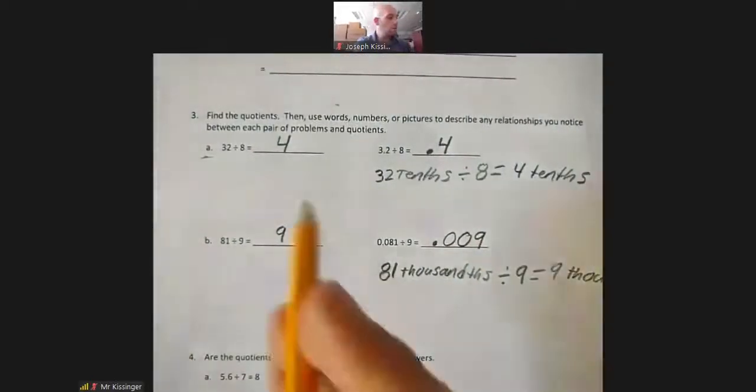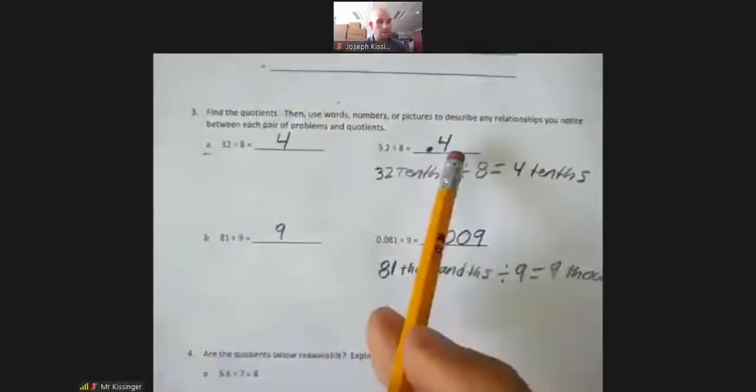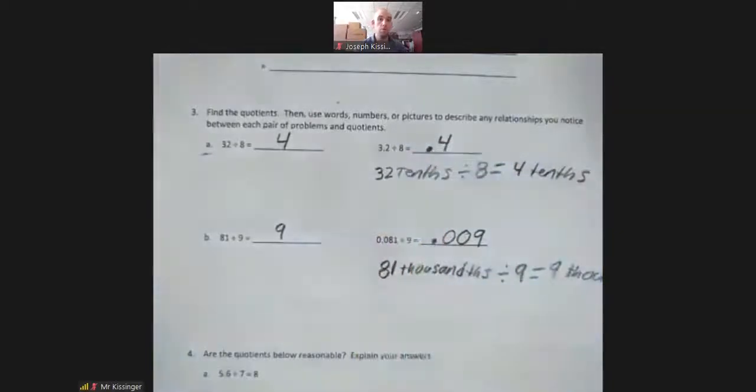So when we look at these pairs of quotients, what's similar about them? What do we have in common between this number and this number? Well, each of them has a 4. The difference is where the decimal point is.